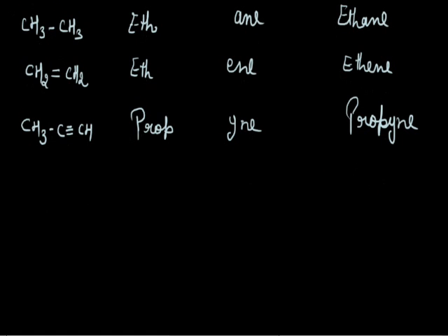And another one is CH3 CH double bond CH CH3. Four carbon atoms are present in the parent carbon chain, so we will use but, and because a double bond is present in this carbon chain, we will use "-ene" as primary suffix. So the name of CH3 single bond CH double bond CH single bond CH3 will be butene.